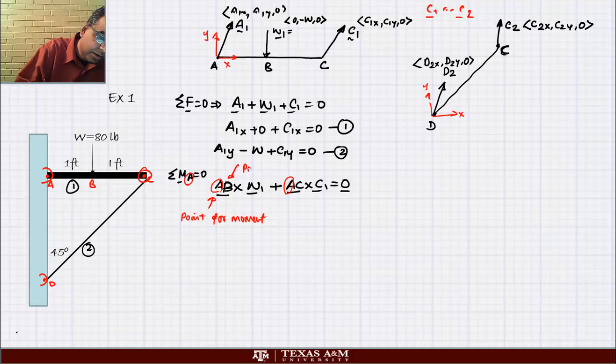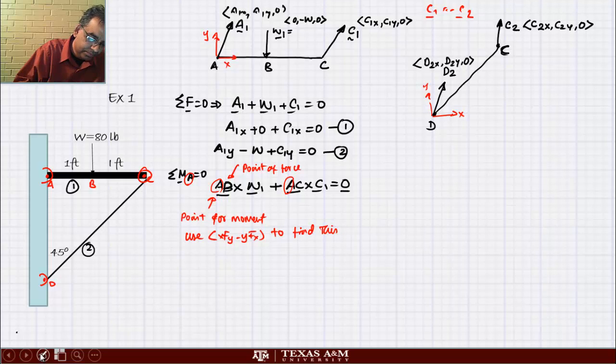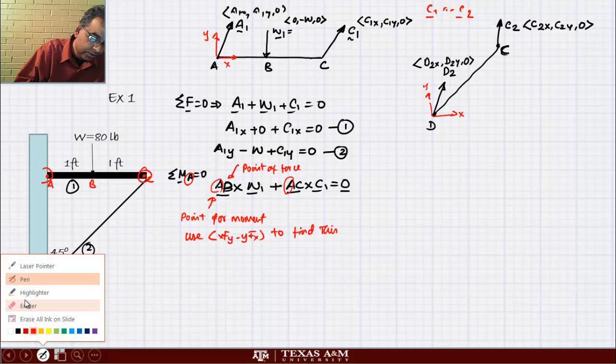B is the point of force. So it will be AC cross C1. So now you can use xFy minus yFx to find this. I'll show you what I mean.